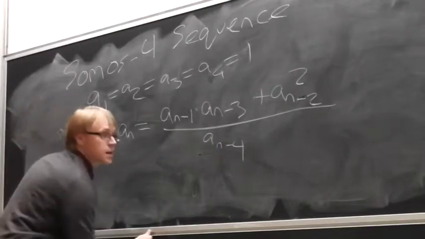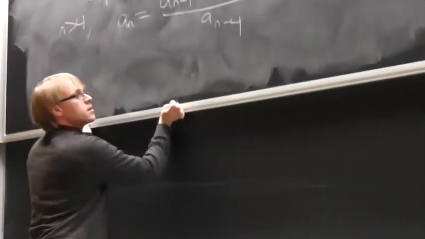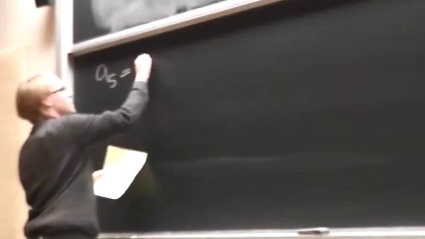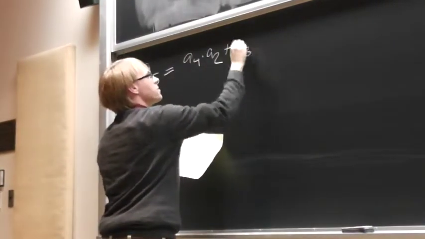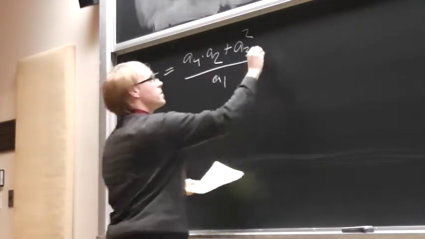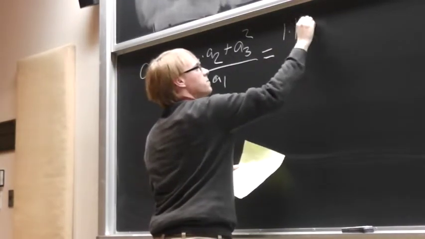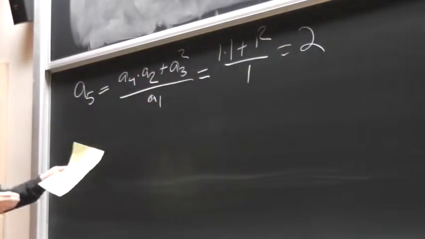But let's actually calculate a couple of the terms. A sub 5 is a sub 4 times a sub 2 plus a sub 3 squared over a sub 1. So that's 1 times 1 plus 1 squared over 1, which is 2.